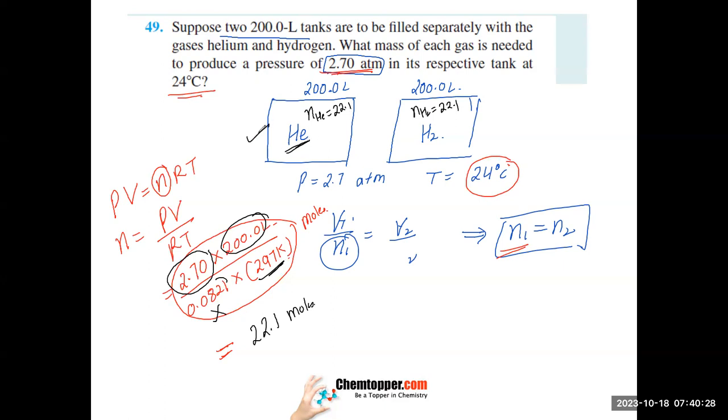So what is the mass of helium? What is the mass of this container? Mass will be moles multiplied by molar mass. So 22.1 multiplied by molar mass, which is 4 grams per mole, and you will get the answer here. Yes, Arjun is giving us. And here it will be 22.1 moles multiplied by the molar mass of hydrogen, which is 2 grams per mole.